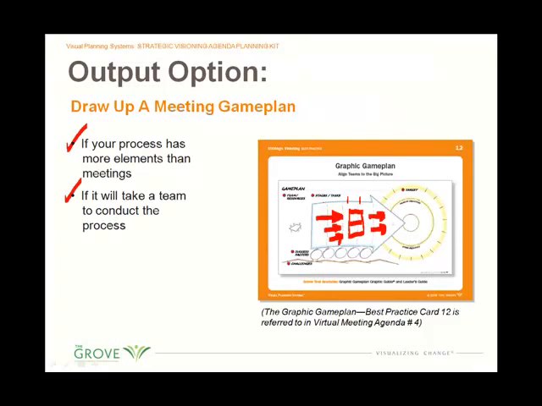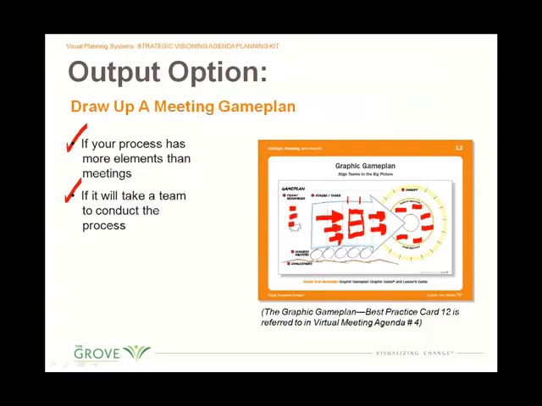You might want to take the graphic game plan and actually say, here are the objectives for this larger process, not just the meeting. And here are all the people who are going to be working on it over here on the left. And then in the arrow, here's our plan for actually leading up to the meeting and going through the meeting. So many times you can work with a meeting startup guide next to something like this and actually do the micro and the macro planning that you need to do.